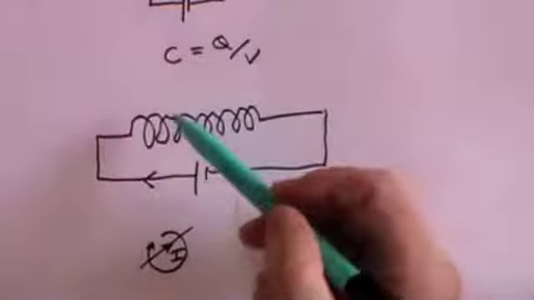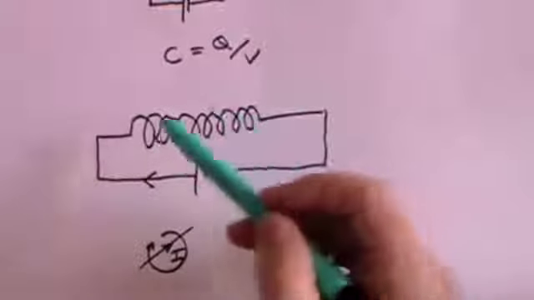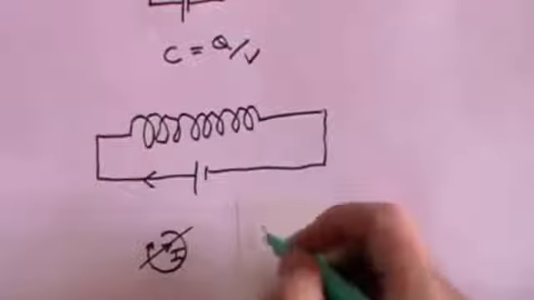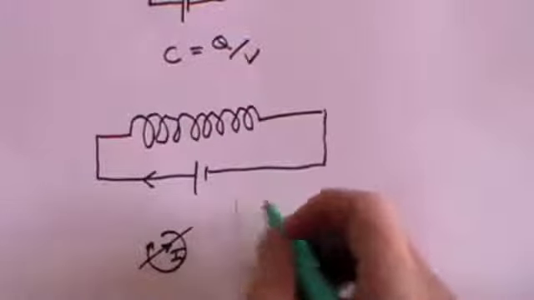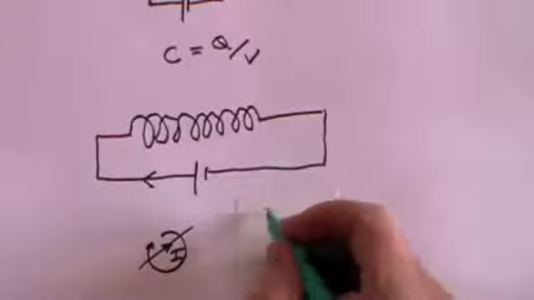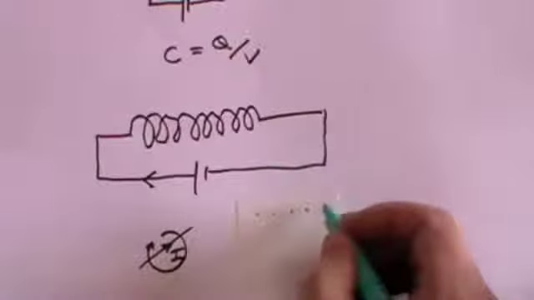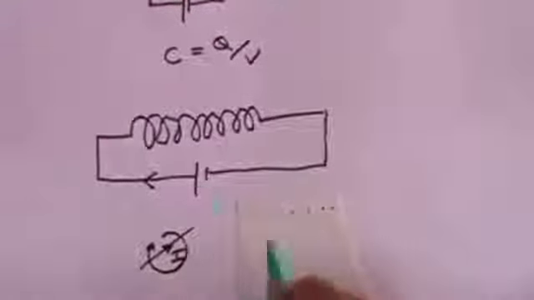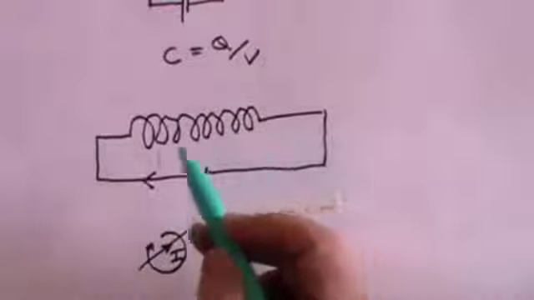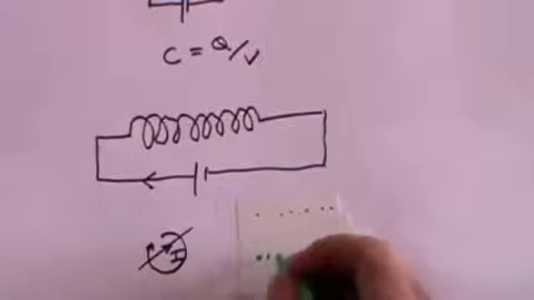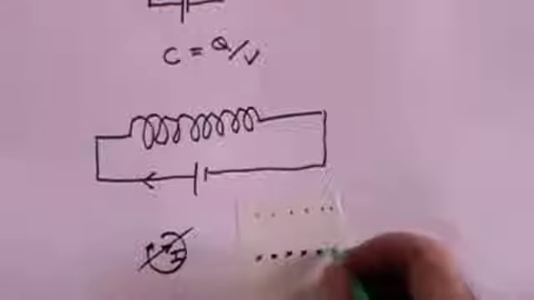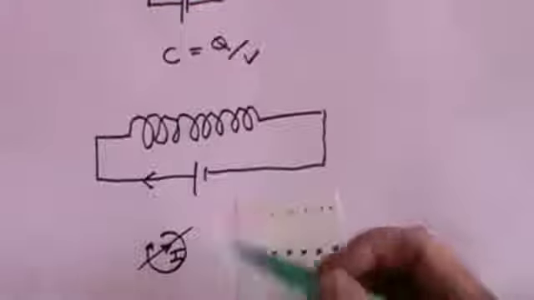So if you think about the coil, at the top of the coil you've got a whole load of wires. Let's say the current is going in to the paper, and at the bottom of the coil you've got a whole load of wires coming out of the paper. So what we're doing is looking at the inductor and seeing the coil go round.